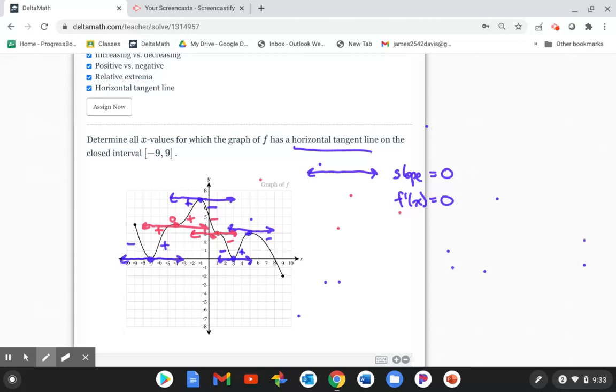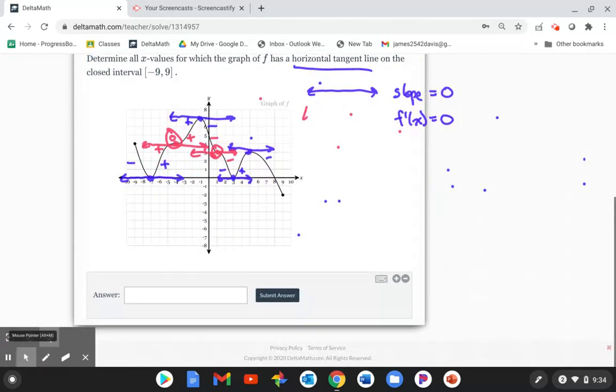These are all critical points, but these 2 are actually called inflection points, which we'll talk about in the coming weeks. The blue ones are the more important ones, but the red ones, for the sake of the graph, we need to also identify as horizontal tangent lines as well.